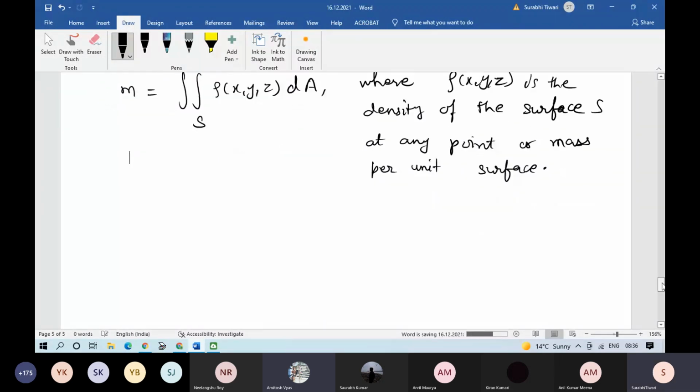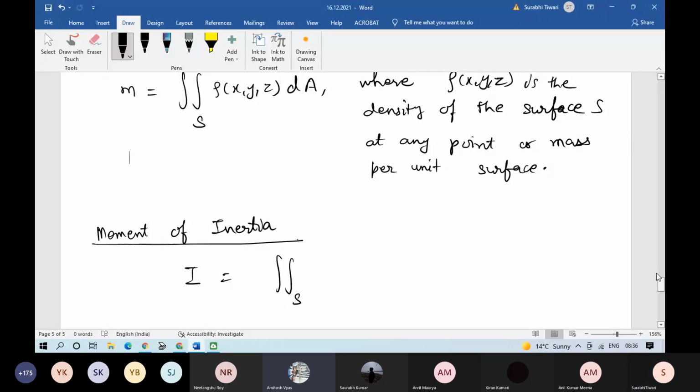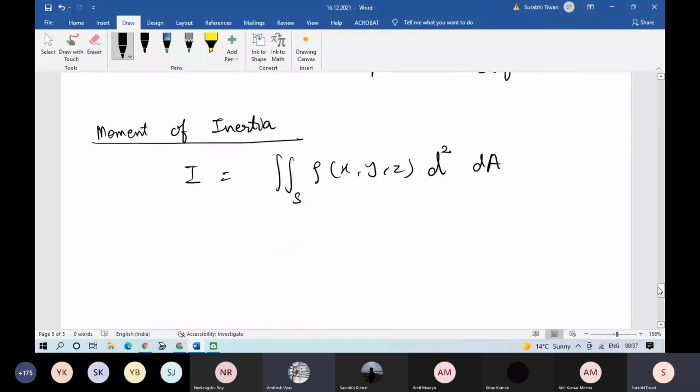Now, similarly, the moment of inertia I is equal to the double integration over the region, surface S, of rho(x,y,z) d square dA. Now, what is d square? First you write it, and then I will explain.